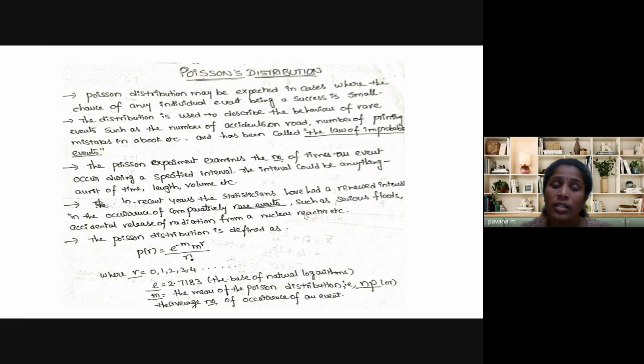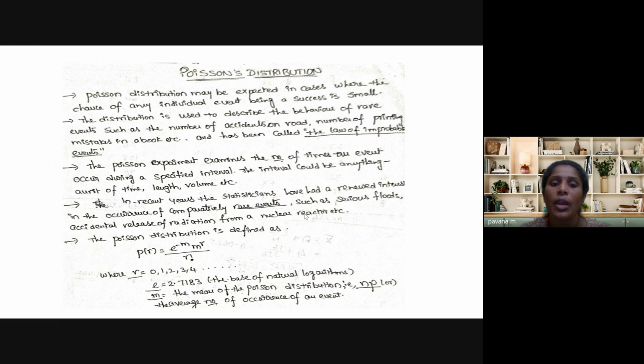But still, statisticians are very interested to observe these types of situations because they want to know the frequency level of those events. For example, serious floods in a particular region, accidents on a particular road or highway, or radiation from nuclear reactors.